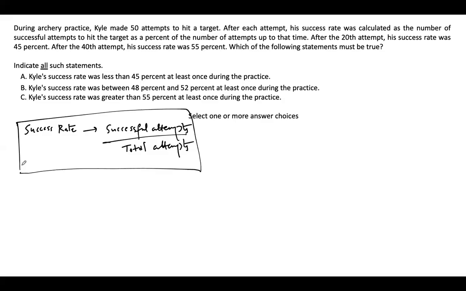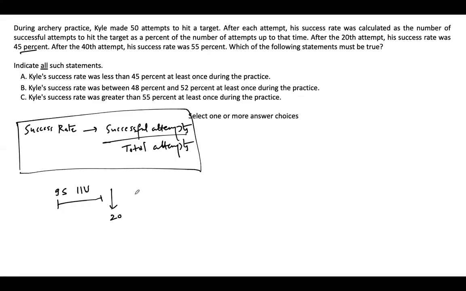So after the 20th attempt, his success rate was 45%. What does it mean? It means that there were a total of 9 successful attempts. 45% of 20 would be 9. So 9 successful and 11 unsuccessful.